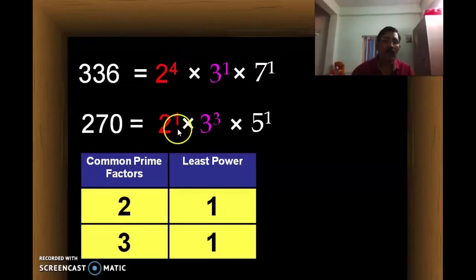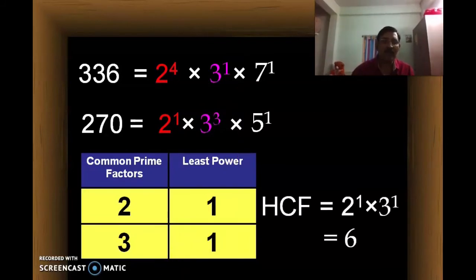Out of 4 and 1, what is the least value? 1. In the same manner for 3, in the first number the power is 1, in the second number the power is 3, the least of 1 and 3 is 1. So, we can observe that the required HCF is 2 power 1 into 3 power 1, that is 6.